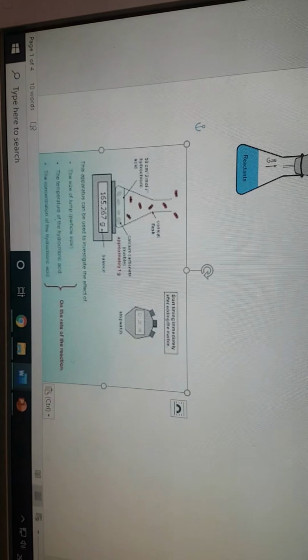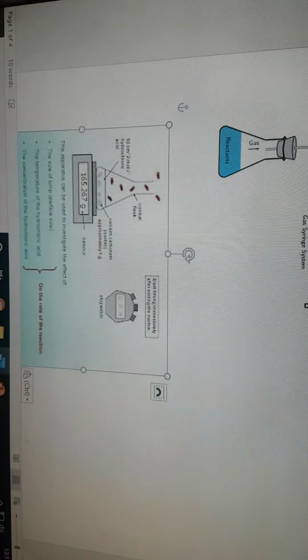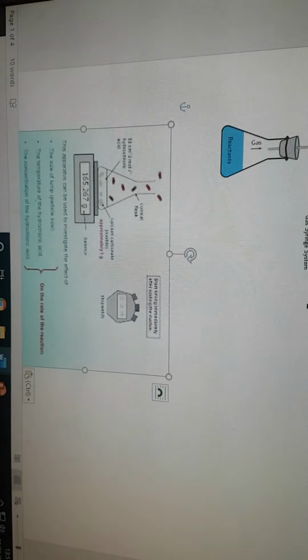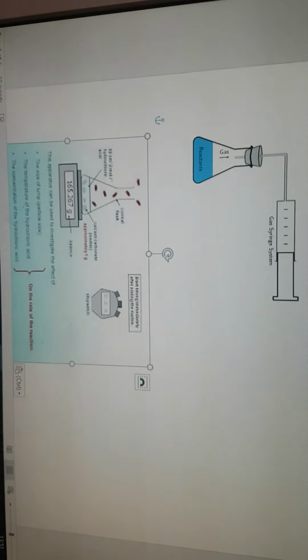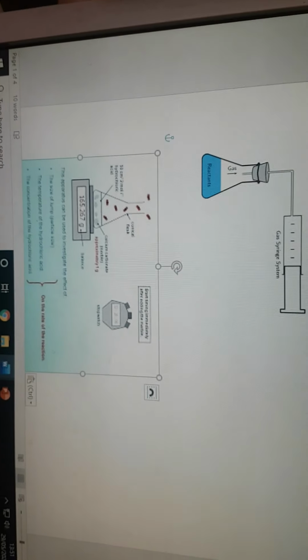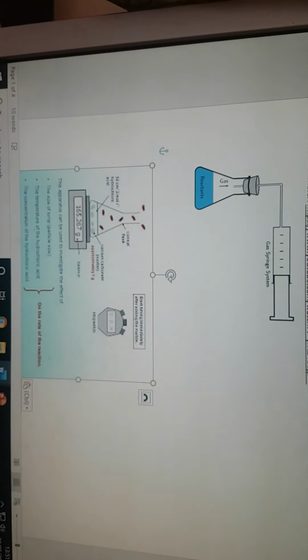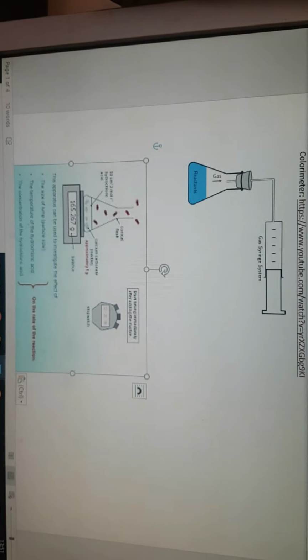Now, both of those techniques, either the gas syringe or the drop-in mass method, obviously only work for a reaction which has a gas as a product. And if you do have a gas as a product, you're rubbing your hands together, really thinking, oh great, it'll be easy to monitor this reaction.